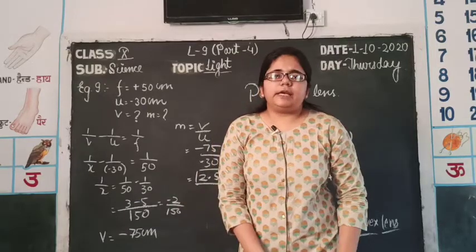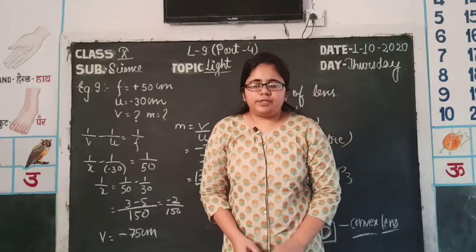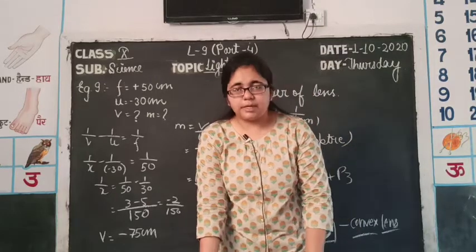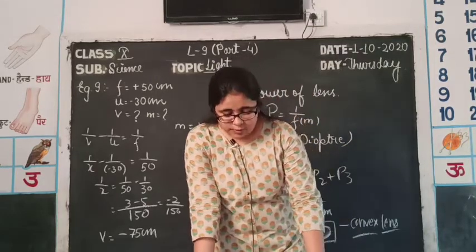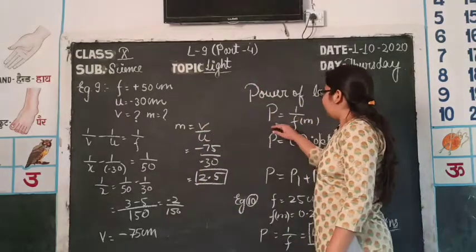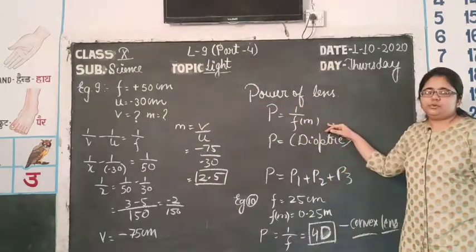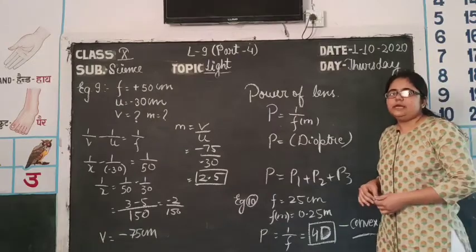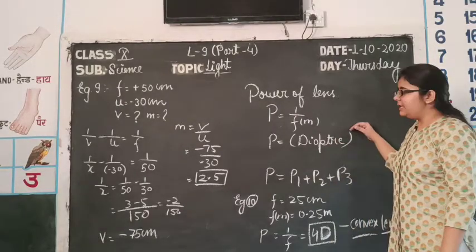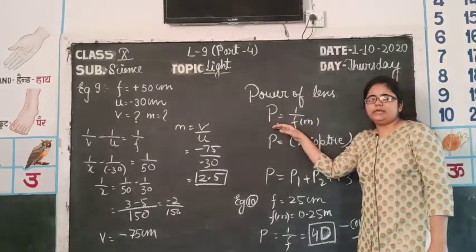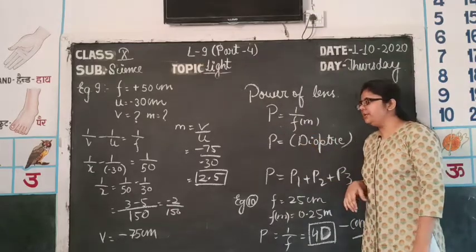It is the capacity of a lens to converge or diverge a ray. This is the power of lens. The formula of power of lens is 1 by f. So, if a convex lens has a very high focal length, then its power will be very less, as these are inversely proportional to each other.